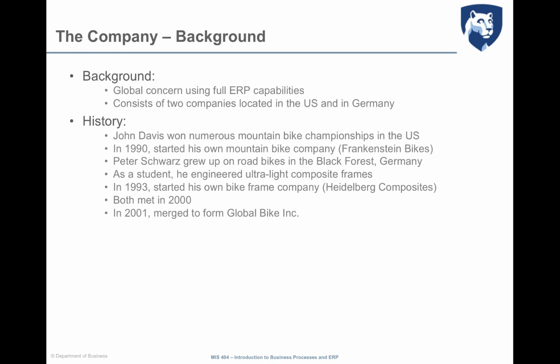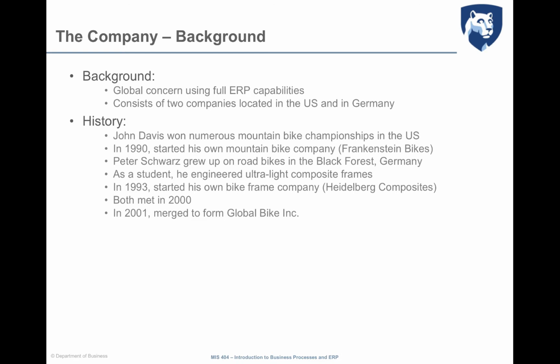In parallel, we have this other guy, Peter Schwartz, who is also a sport addict and an expert in bike usage, who decided to start his own business in frame manufacturing.